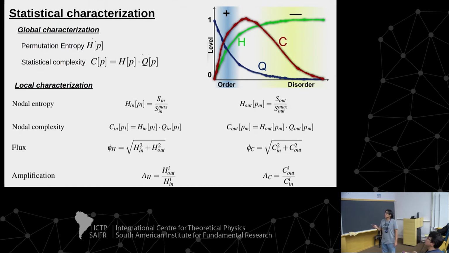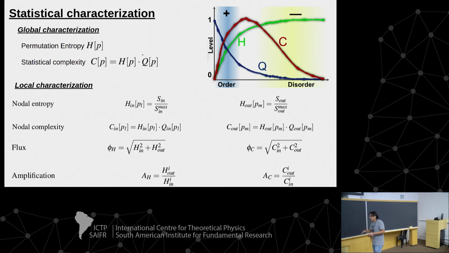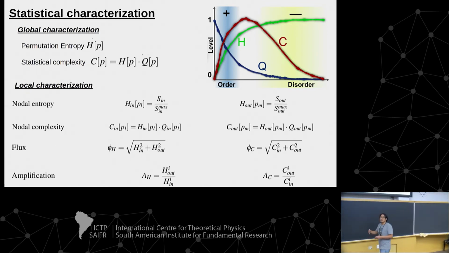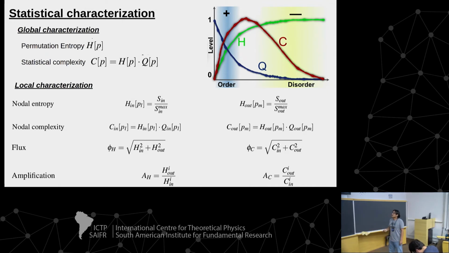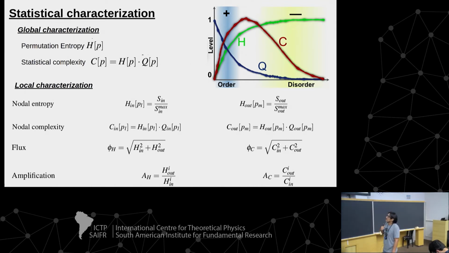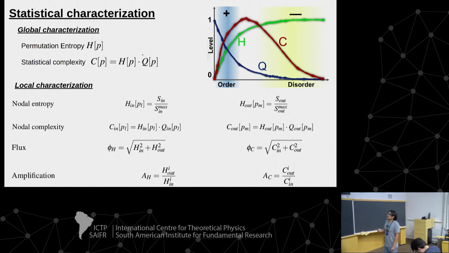We use the permutation entropy of the whole series of symbols created from the time series, and then we also calculate the statistical complexity of our time series. This has been done for time series and for symbolic networks, and recently for diseases too, in a couple of papers that have been published.